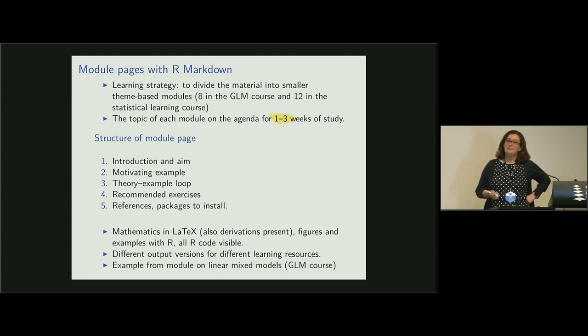For each topic, I've made an R Markdown module page, where I've written some introduction and aims, motivating examples, and a theory-example loop. I have some recommended exercises, and references and packages to install.